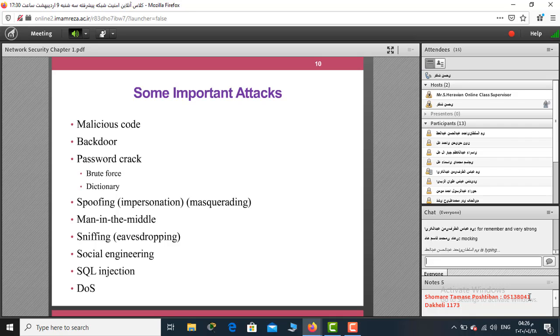You hear more and more about masks these days because of the coronavirus. One type of mask is used for health purposes, but another type of mask is used for impersonation, for spoofing, to pretend that this person is another one.